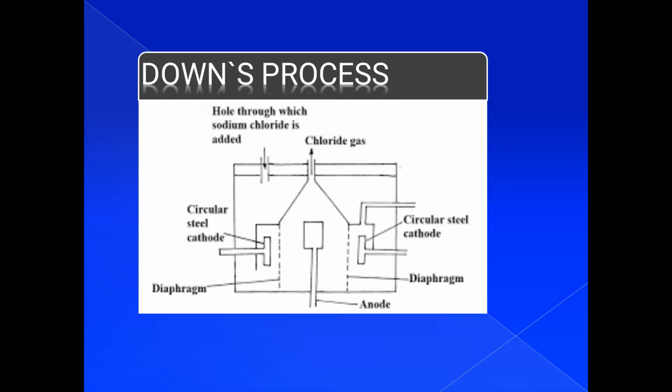From here, you are able to see that we have a hole, and this is where sodium chloride, which is the rock salt, is fed into our cell. We also have an anode, which is here.